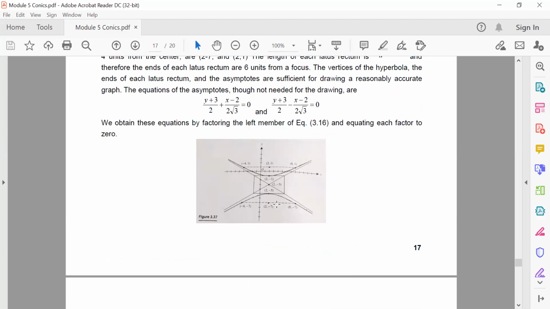And then 2 plus 2 square root of 3, negative 3, and 2 minus 2 square root of 3, negative 3.